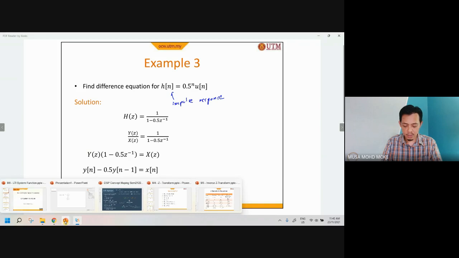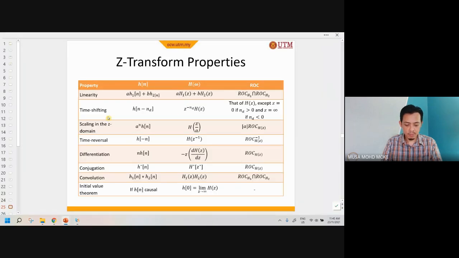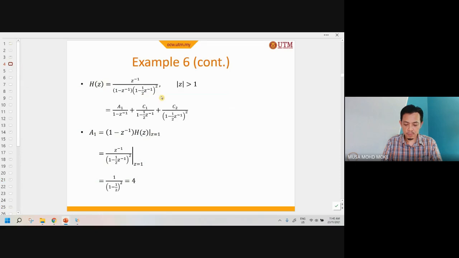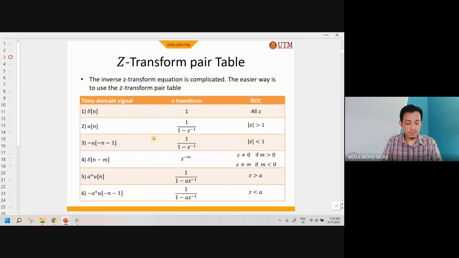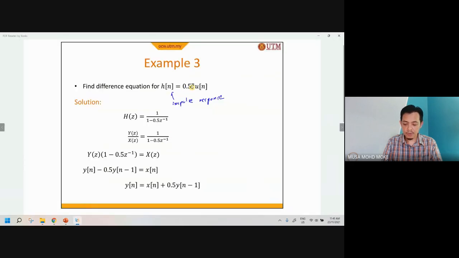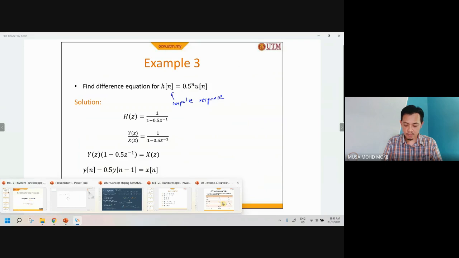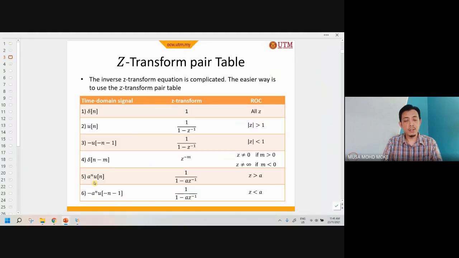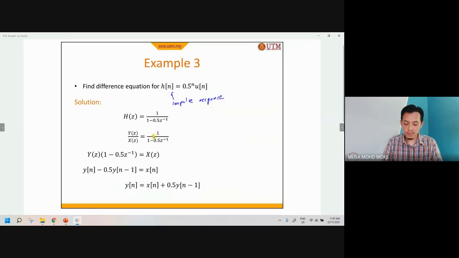Let's see which table. Not this table. You're going to refer to this table. Because what you have is 0.5 to the power of n times u[n], it is actually this one. So you don't need to do any long mathematical solution, just refer to this table. a to the power of n u[n] is just equal to 1 over 1 minus a z to the power of minus 1, where the ROC is |z| greater than |a|.